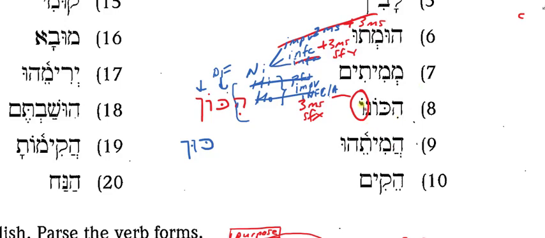Add the pronominal suffix, and it's telling you whose being faithful we're talking about, right? So we would want to translate this as something like his being faithful, his being established, or his being prepared. Those would be the ways to translate that.